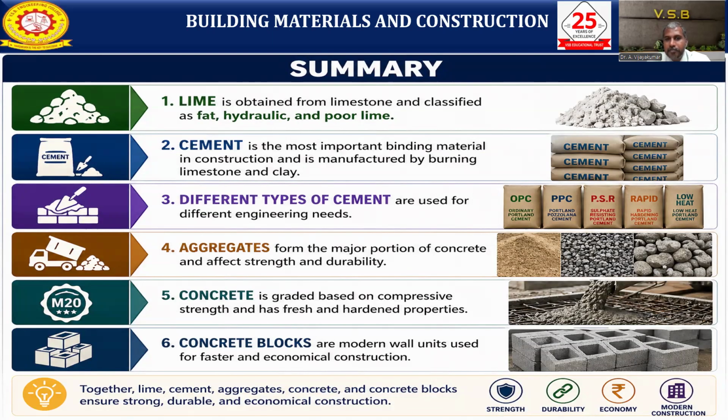Aggregate forms a major portion of the concrete and affects its strength as well as durability. We covered concrete grades based on composition and on fresh and hardened properties, and concrete blocks as modern wall units used for faster and economical construction. Altogether, lime, cement, aggregate, and concrete blocks ensure strong, durable, and economical construction.